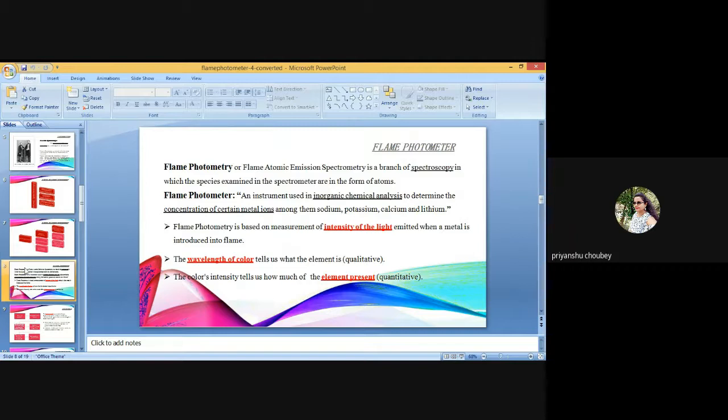Do not adjust the air or nitrous oxide and gas supply to alter the sensitivity of the instrument after the calibration of the instrument. A power backup is highly desirable for operating the AAS, as a power failure leads to first conversion to a yellow flame, which in turn produces a lot of carbon.